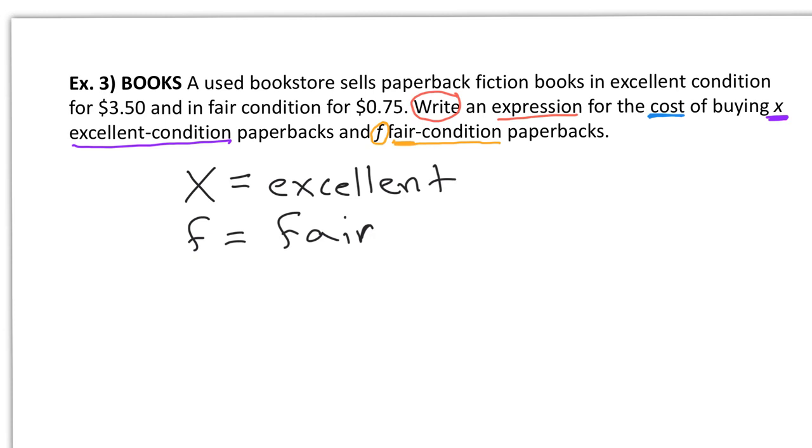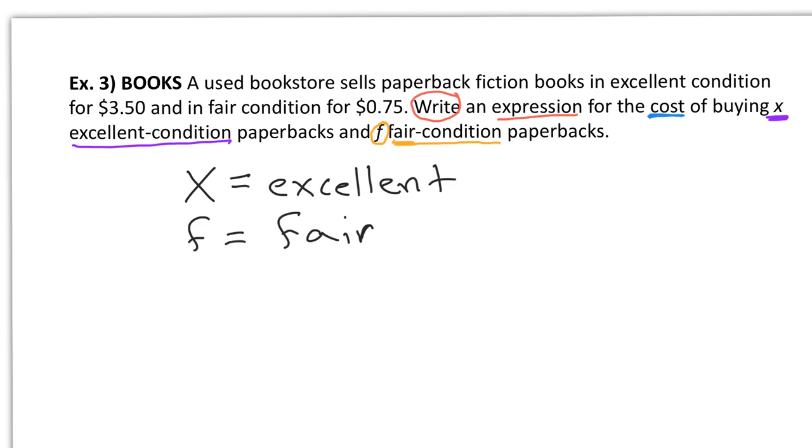and F. In order to find out how much you have to pay for those excellent condition books, well, you have to count how many books you're going to buy. So X represents that number. Maybe you buy 2, maybe you buy 5, maybe you buy 3 books. But no matter how many books you're going to buy, you need to multiply by the price of each book.